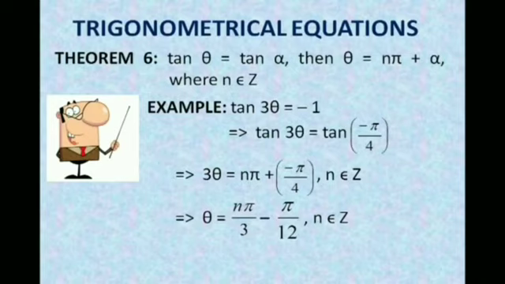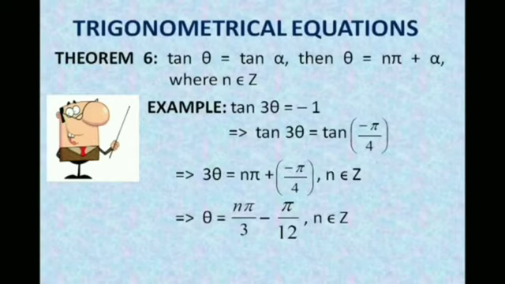For a particular example, I am taking tan 3 theta is equal to minus 1. So tan 3 theta is equal to tan minus pi by 4. If you are finding a problem deciding what the principal value will be, I am just telling you: in the case of sine and tan, you find the angle falling between minus pi by 2 and pi by 2.